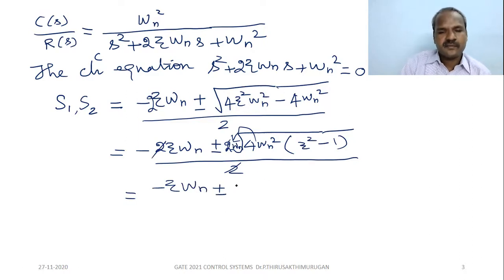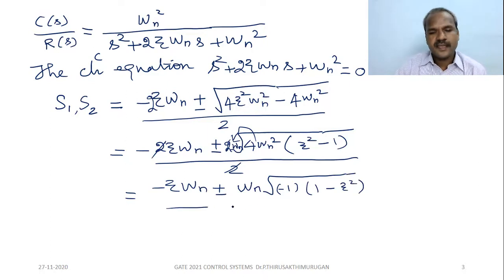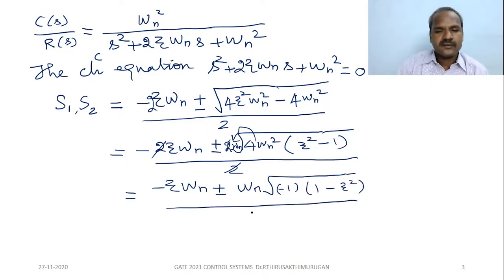In this case I am going to take the reverse manner and put minus 1 times 1 minus zeta square, divided by 2, everything is cancelled. So instead of minus 1, we can put j square, okay, j square equal to minus 1.